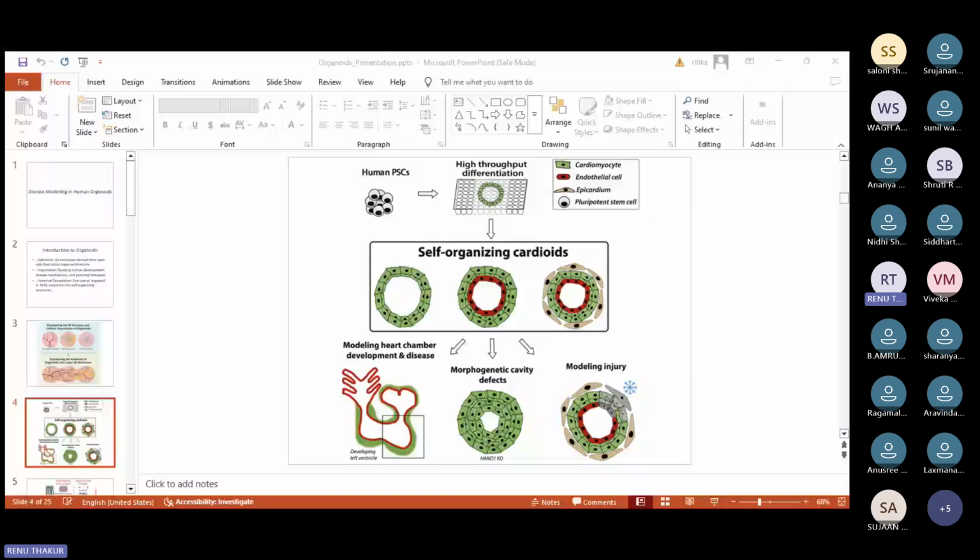Like in intestinal cells, we all know that for the movement of food we need villi, so this is the kind of development in this particular cell. So intestinal organoids develop villi inside them, and we all know that in skin we have a layer of epidermal tissue. Like that, in the case of skin organoids, the epidermal layer self-organizes itself. Okay.